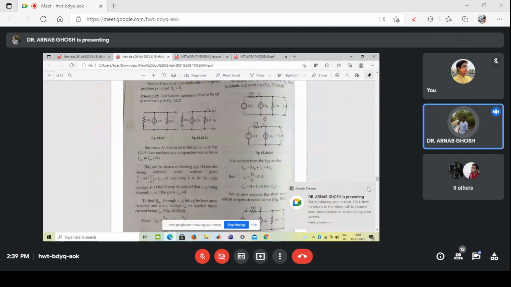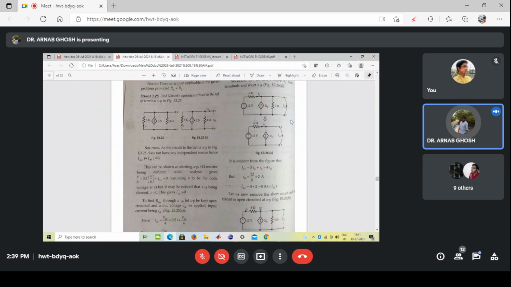I was talking about this problem. Okay, so what I am doing, see, I am considering this particular node.